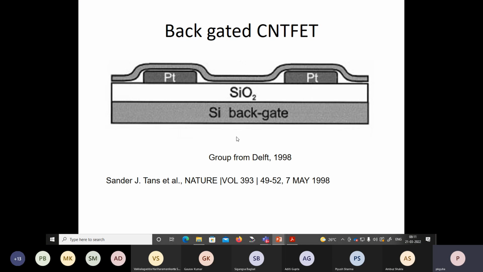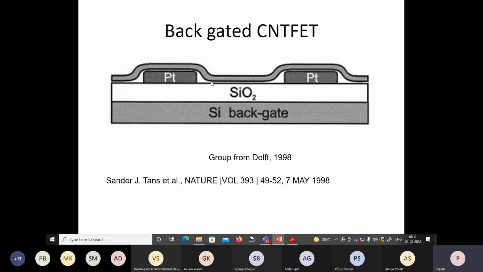The easiest one is backgated CNT, where the gate is from the bottom or from the back. The silicon layer has to be thinner and highly doped, so that you have to apply lower voltage from the back side. Still the voltage is pretty high, maybe tens of volts, because usually the silicon substrate is several hundreds of micrometers thick. Here CNT acts as a channel. This is your source and drain.